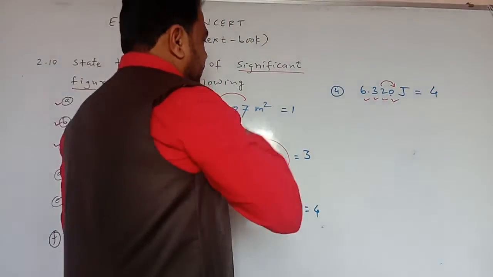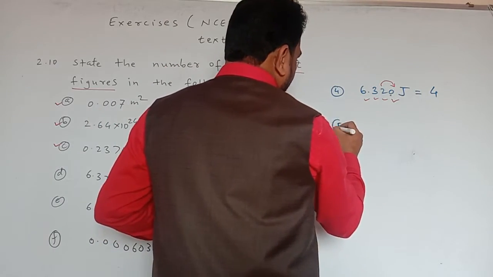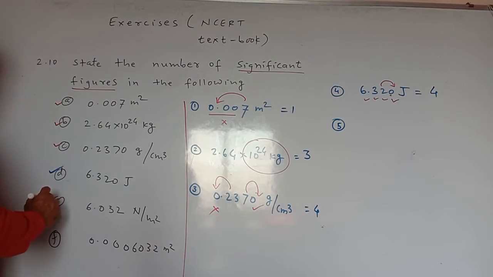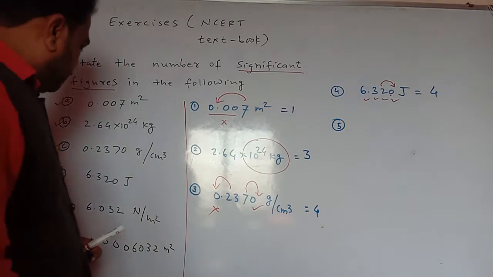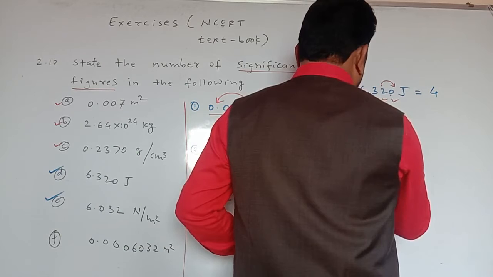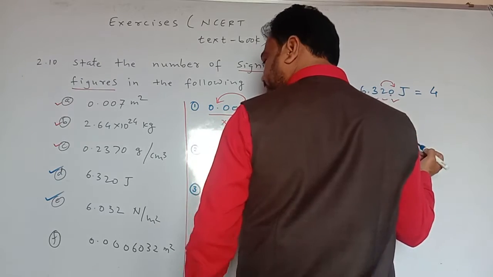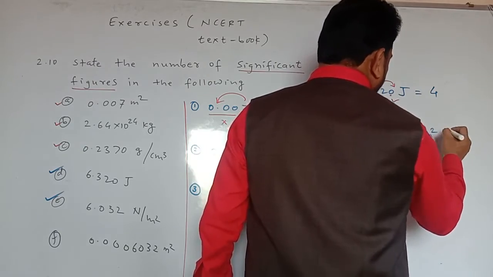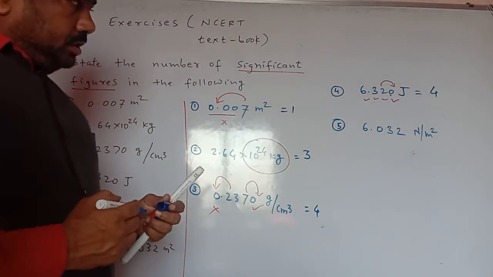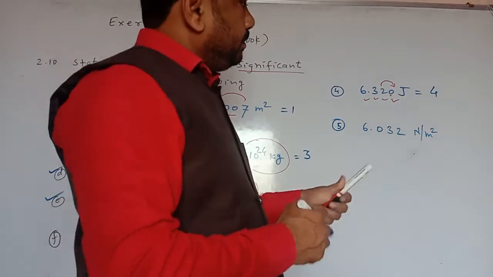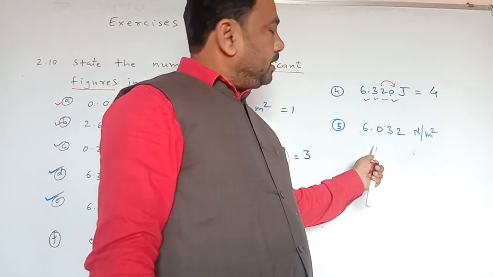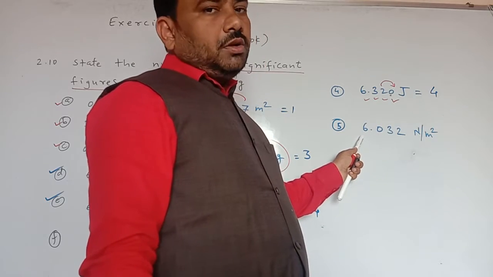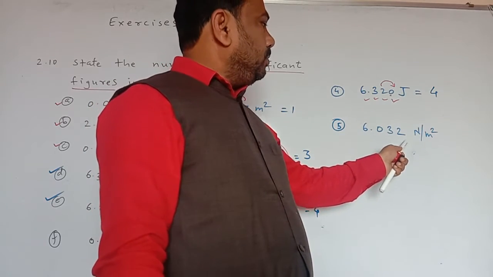Then next, problem number 5. Problem number 5 is 6.032 Newton per meter square. How many significant figures are present in this given number? Non-zero digits are already 3, that is 6, 3 and 2, but there is this 0.